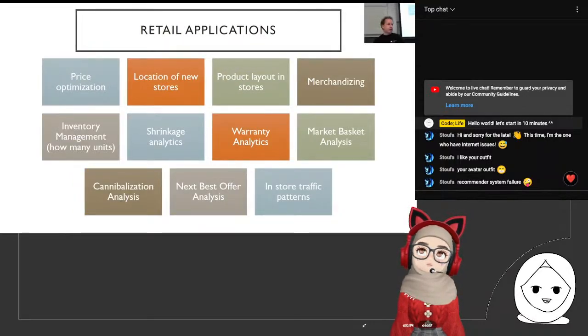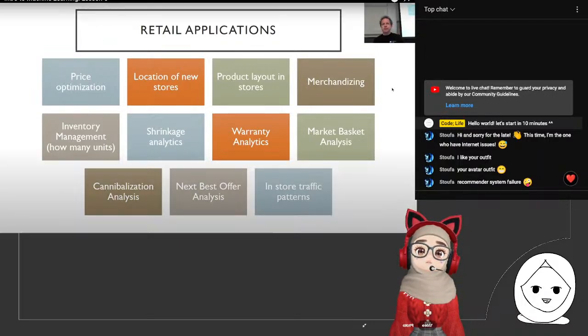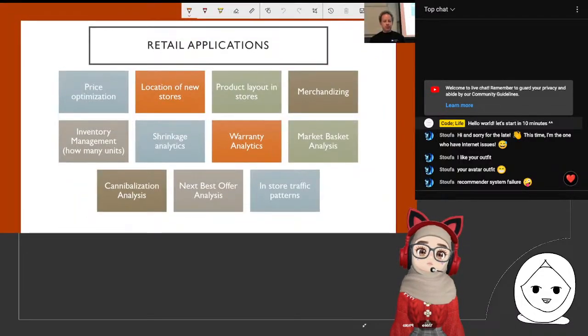There are companies like dunnhumby, a huge company that does nothing but retail applications with machine learning. And I believe there's a dunnhumby product you can buy which will help you figure out if I put my new store in this location versus that location, how many people are going to shop there. Or if I put my diapers in this part of the shop versus that part of the shop, how's that going to impact purchasing behavior, right?